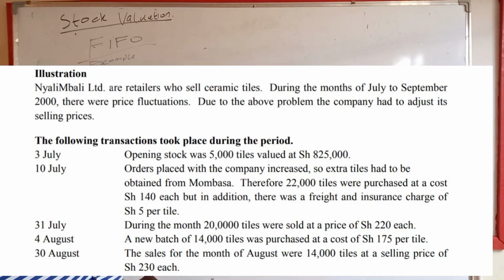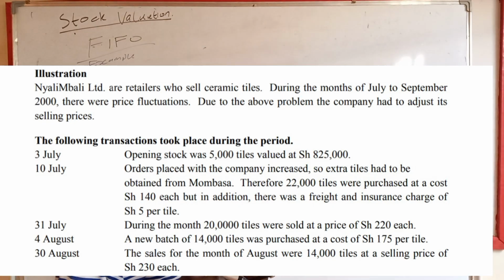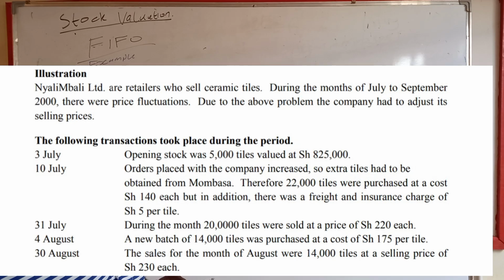Opening stock was 500 tiles valued at 825 shillings.